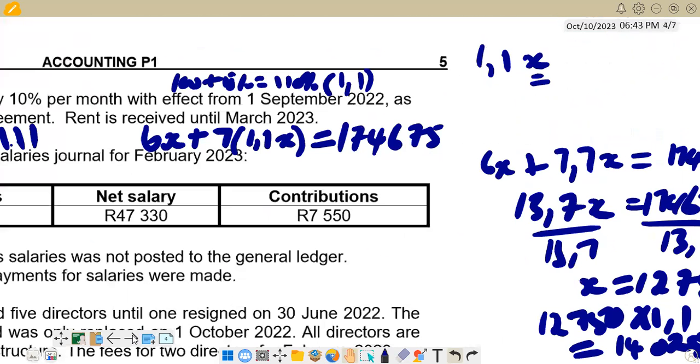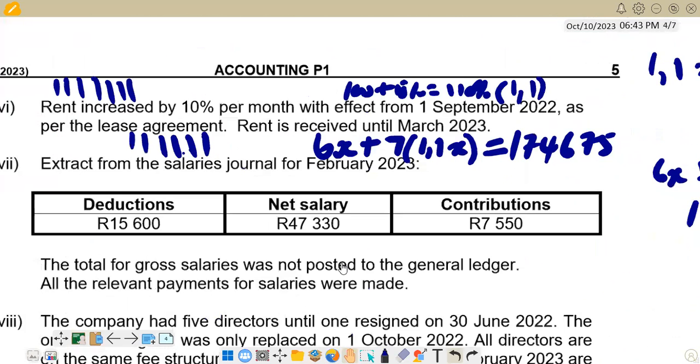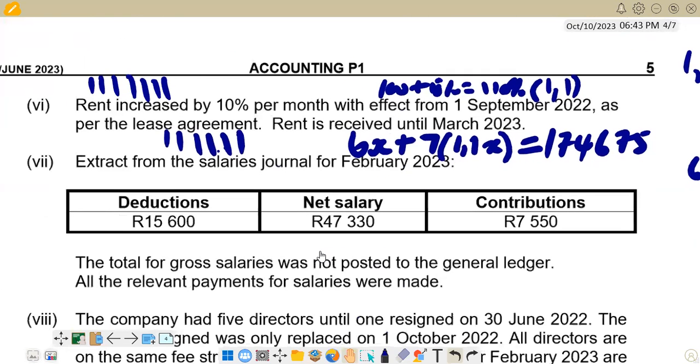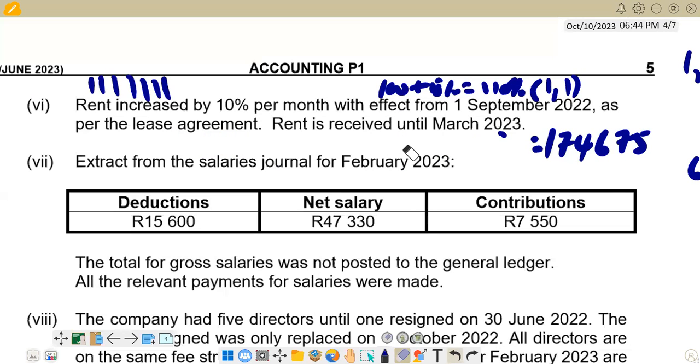We go to the next page, try to find out. Right, on item 7, we are being told that extract from the salaries journal for February 2023.